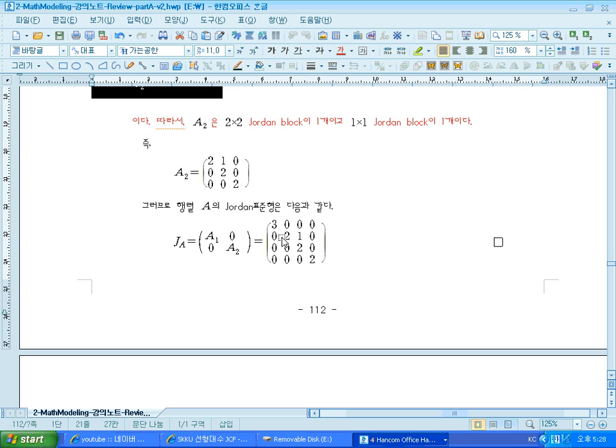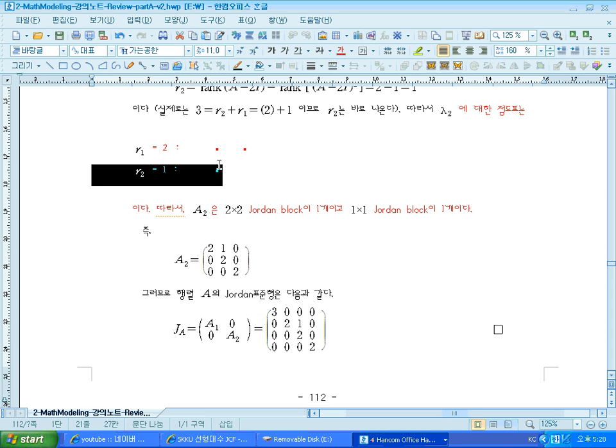So there is one 1 by 1 Jordan block for eigenvalue 3, and two Jordan blocks for eigenvalue 2, one 2 by 2 and one 1 by 1, which come from these dot diagrams.